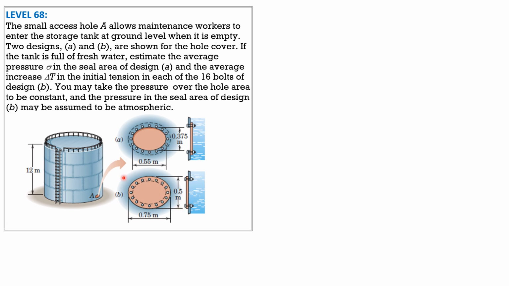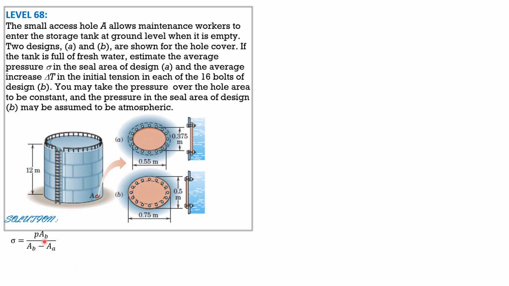Again, the force here is the pressure at the centroid of area of design B times area of design B. So average pressure is the force in design B, which is greater, divided by the seal area, which is the area of the big ellipse minus the area of the small ellipse in design A.